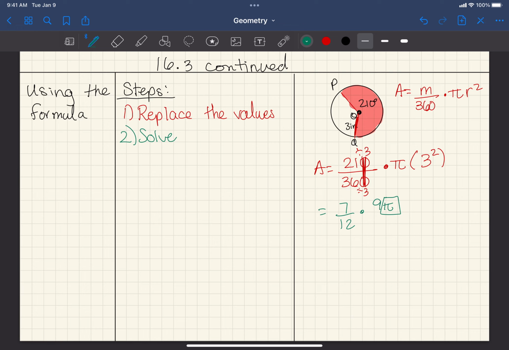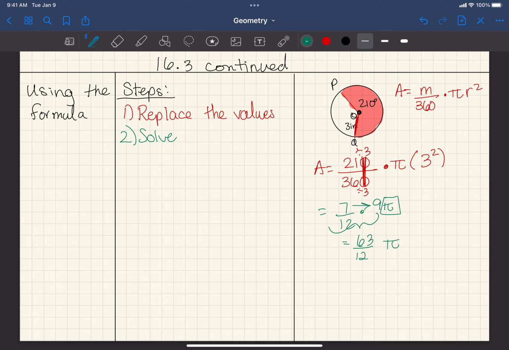Now, what I'm going to do is multiply this 7 over 12 by 9, meaning I multiply 7 times 9, which is going to give me 63 over 12, which I can also simplify.